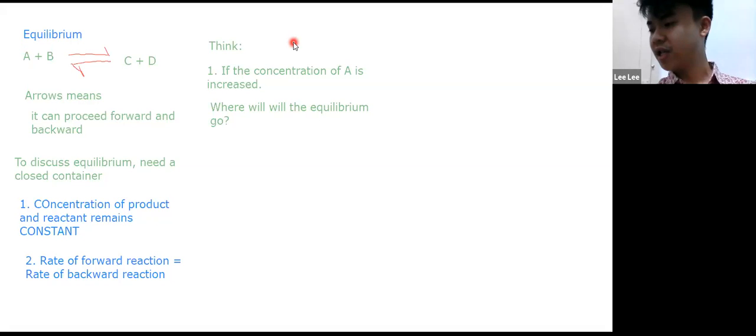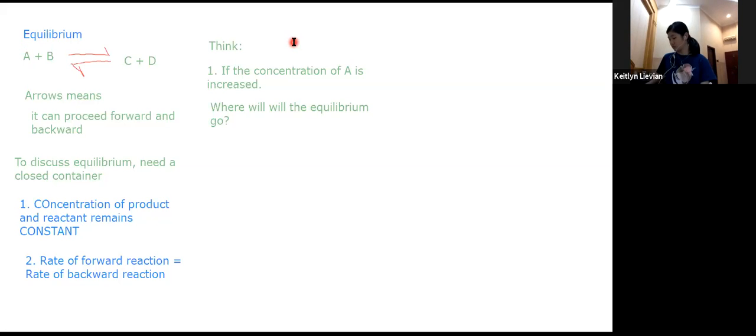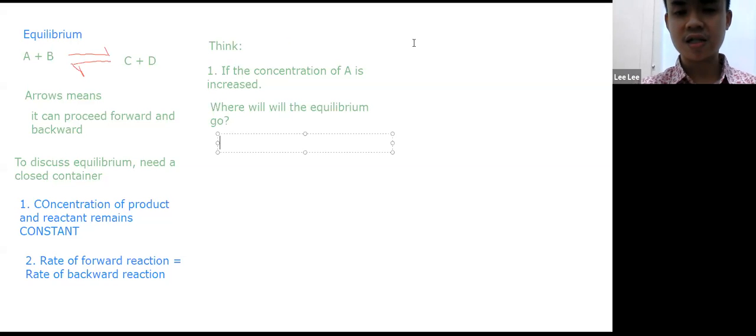So if it produces C and D, it means your reaction proceeds where? Forward or backward? Forward. So the answer is, the equilibrium will move forward.